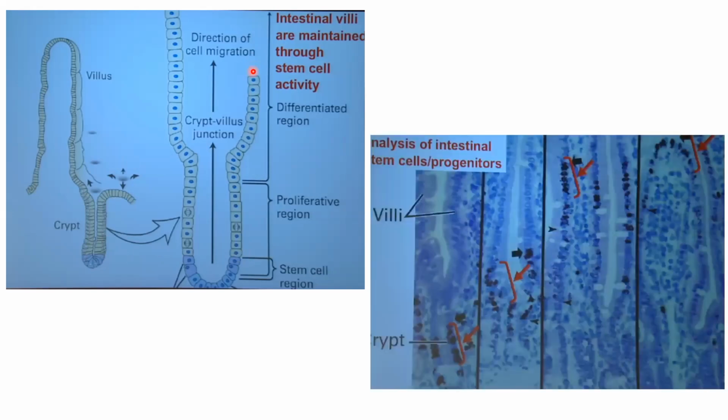Because in a pulse chase experiment, this was done. They were using some kind of stains, and you could see there's the crypt. So these are the cells, and now it's a time course. Let's suppose time 0, time 1, time 2, and time 3, and you could see the movement of these cells. These cells are at time 0 here, but at time 1, after some time, they are pushed up.